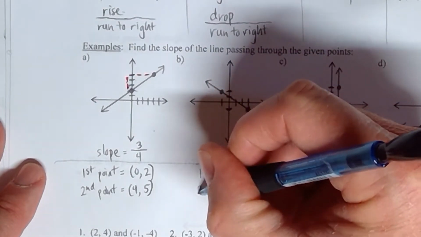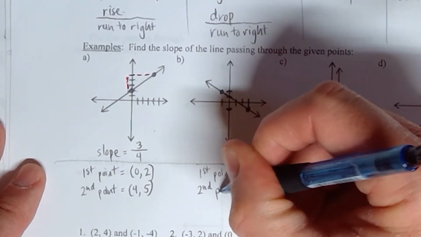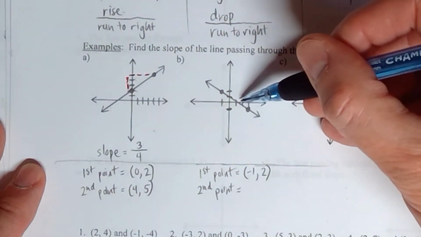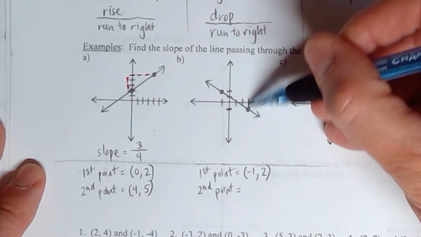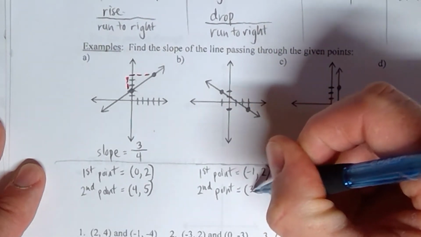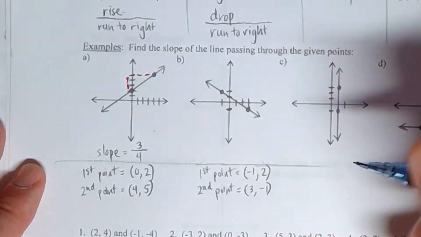And then the second point, what is that? That looks like x equal to 3, and y equal to -1. So (3, -1).